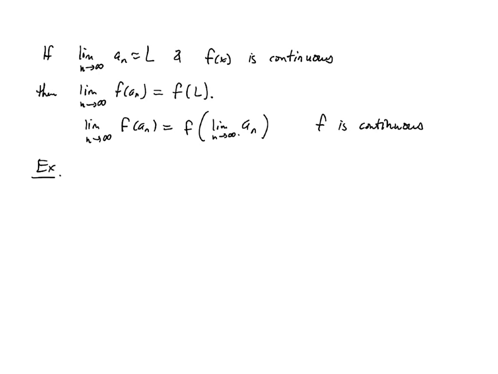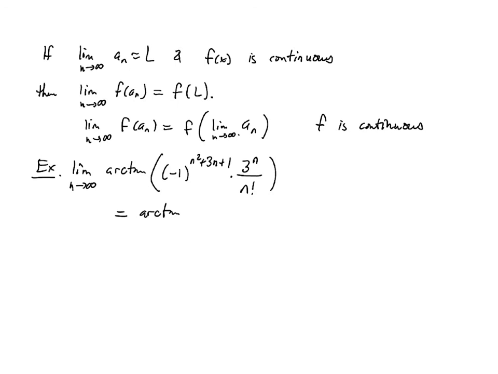So for example, the last example for this lecture, if I want to compute for some reason the limit as n goes to infinity of the arctangent of the sequence -1 to the n squared plus 3n plus 1 times 3 to the n over n factorial, that's going to be the same thing as the arctan of the limit of the sequence -1 to the n squared plus 3n plus 1, 3 to the n over n factorial, this limit as n goes to infinity.